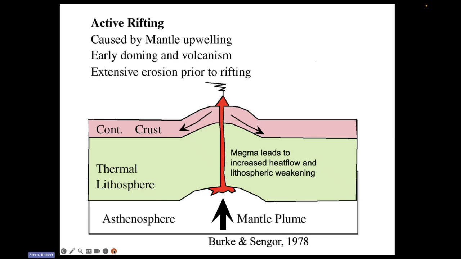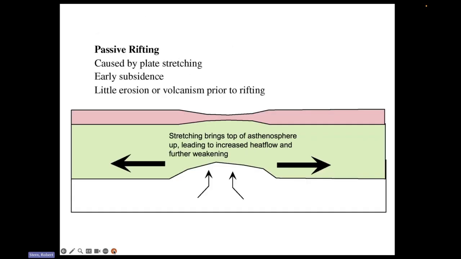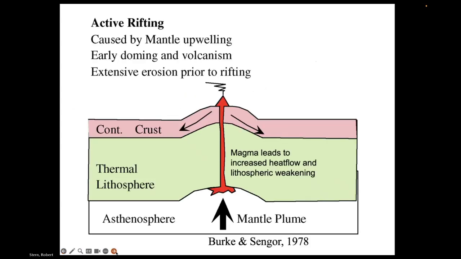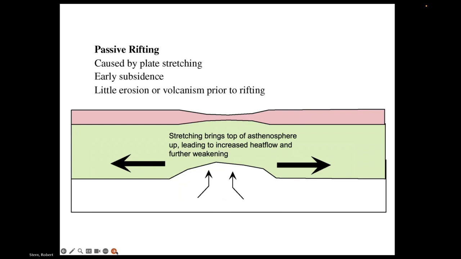Does anybody see what they would look for in the geologic record? Be the rising of a volcano and a mound versus thinning. Yes, exactly. So in one case, we could say if there's volcanism before extension, or if there's volcanism and erosion, right?